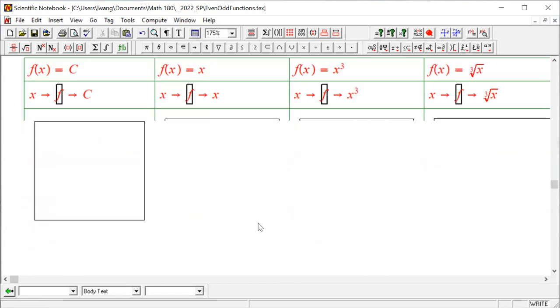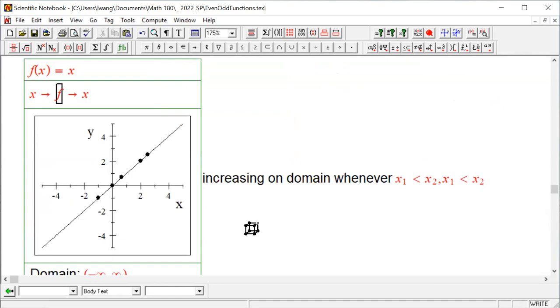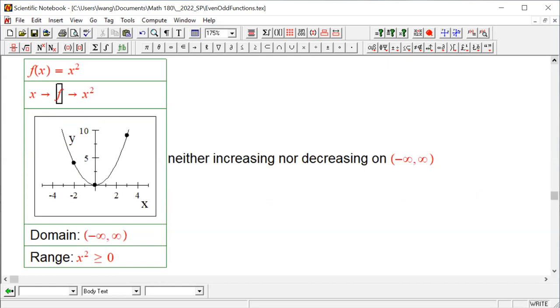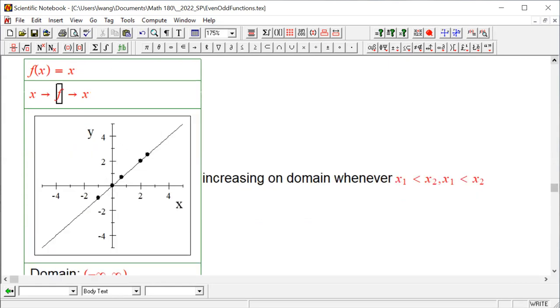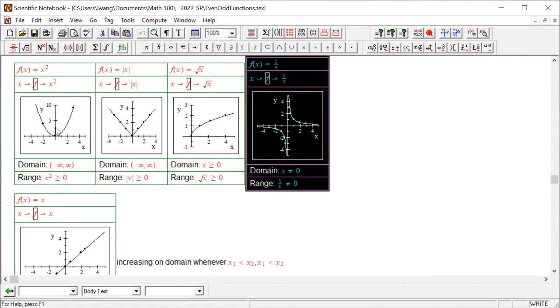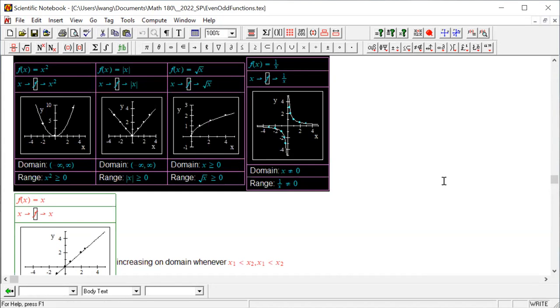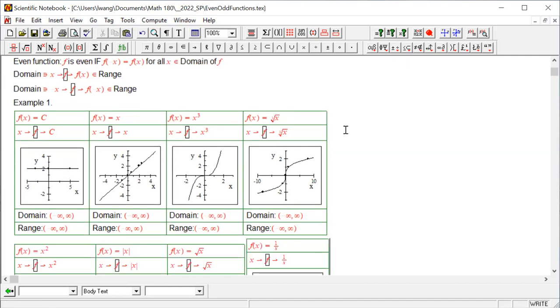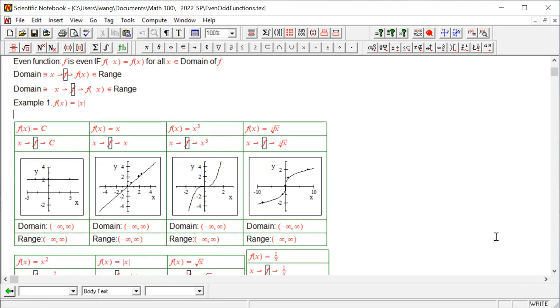Okay, so let's make it smaller. So I'm basically bringing all of these functions together, which we have covered and gone over, and we're going to pick an example. I'm going to pick the example of f of x equals the absolute value of x. So this is the first example I'm going to cover.